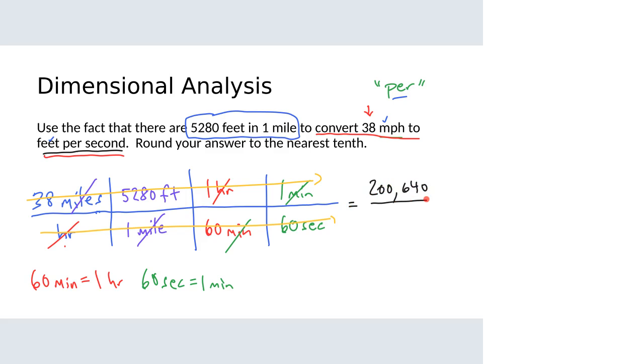And then in the denominator, I have 1 times 1 times 60 times 60, which is 3,600. I need to divide those. 200,640 divided by 3,600, and we get 55.733333. This we know now is in feet per second.